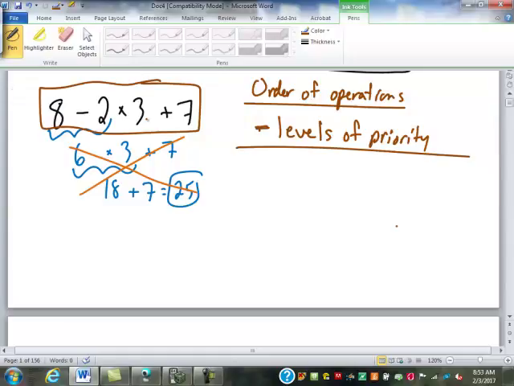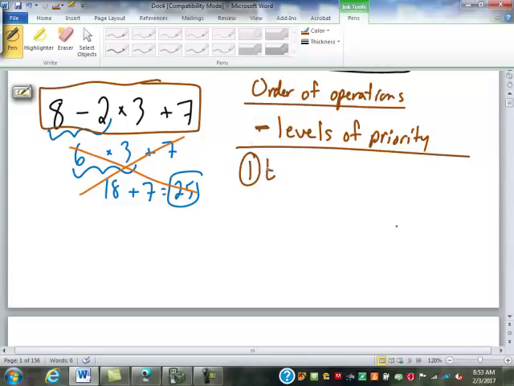Also, order of operations applies to your calculator. Your calculator will obey the order of operations where it can. So as you're entering stuff into the calculator, be aware that how you enter it may have effects on the answer it puts out.